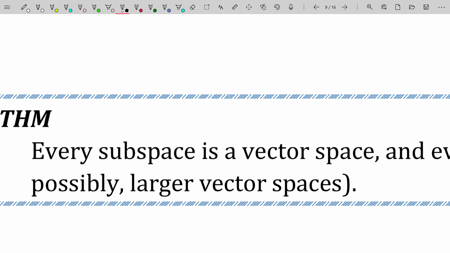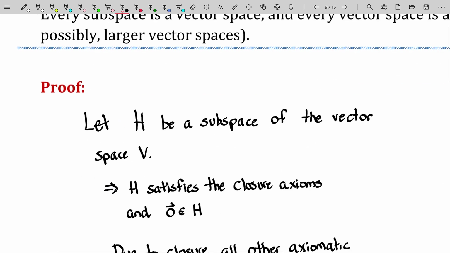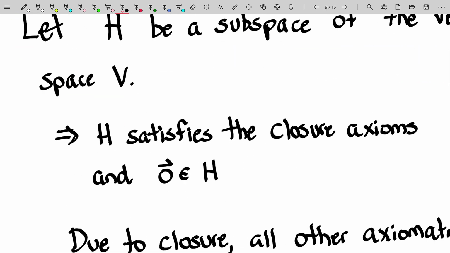Moreover, because that subspace is actually a subset of your vector space, it adopts a lot of the qualities of the vector space itself. Specifically, the associative, commutative, and distribution properties, which is pretty much every single property. And that's what the proof basically says. Let H be a subspace of the vector space V. That implies H satisfies the closure axioms and zero is in H. So that's what I said to begin with. 3 of the axioms are satisfied.